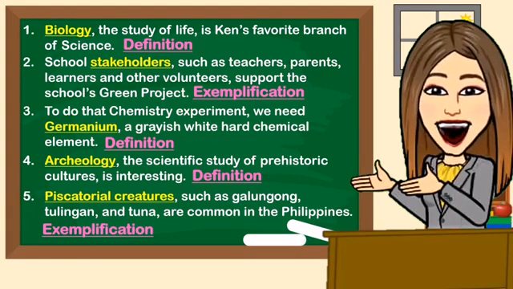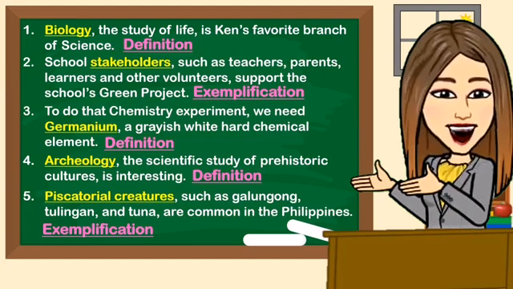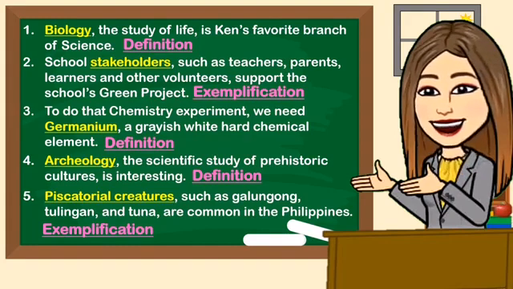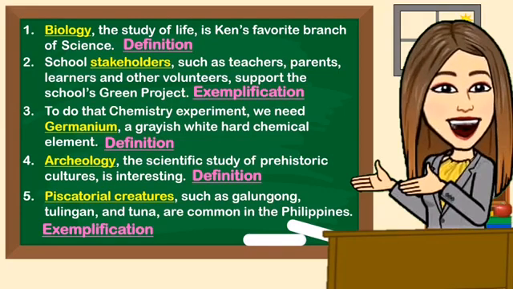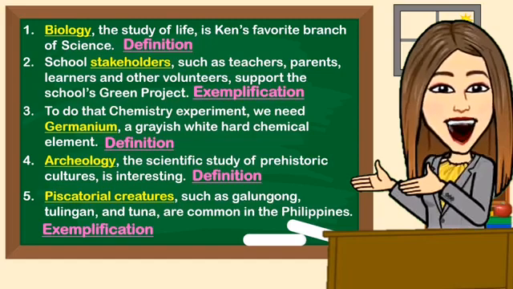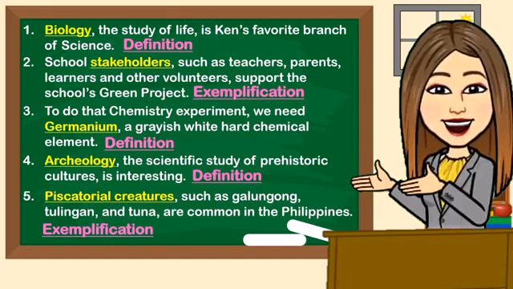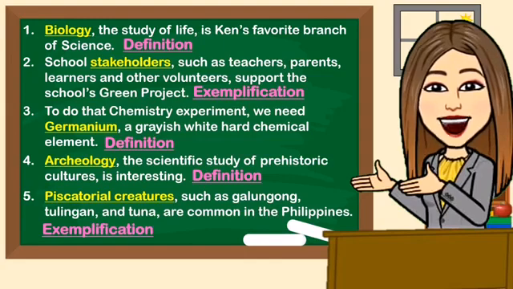So numbers 1, 3, and 4 is an example of definition because the unfamiliar word or ang mahirap na salita ay makikita ang kahulugan sa pangungusap na ginamit. While numbers 2 and 5 is an example of exemplification because the unfamiliar word is cleared up by giving examples.